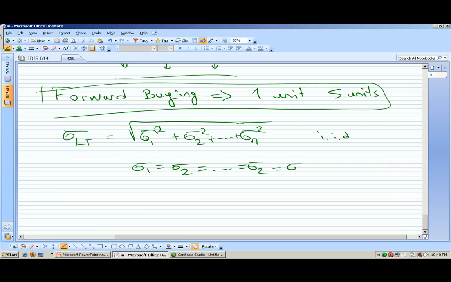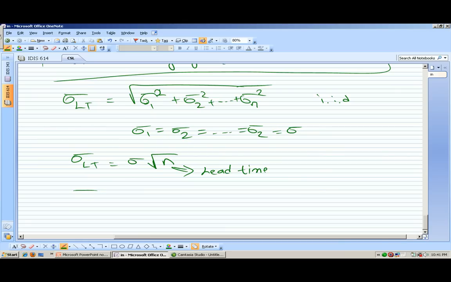If I assume all these are the same sigma, then I can show that the standard deviation of demand during the lead time is very easy. Okay, this is the lead time, whatever the lead time.